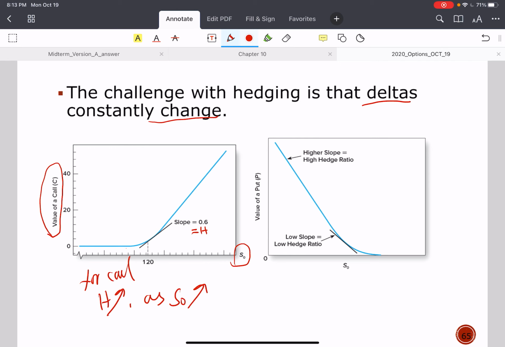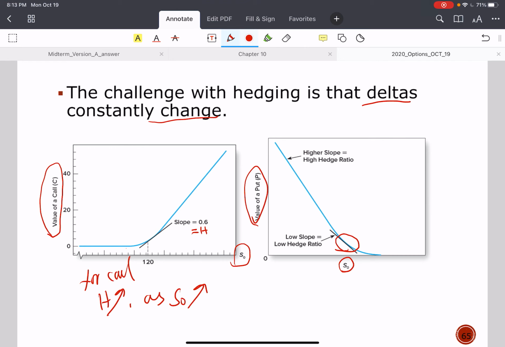Now, if you look at the right-hand side, you're looking at the value of a put versus stock price. What you can see here is if stock price is high, then the slope of the curve is low, which means the hedge ratio is small.